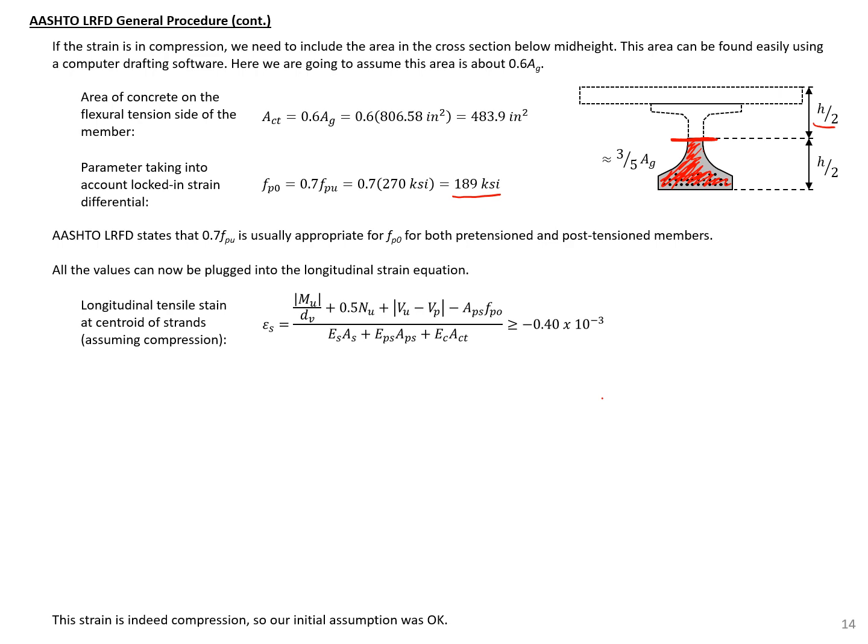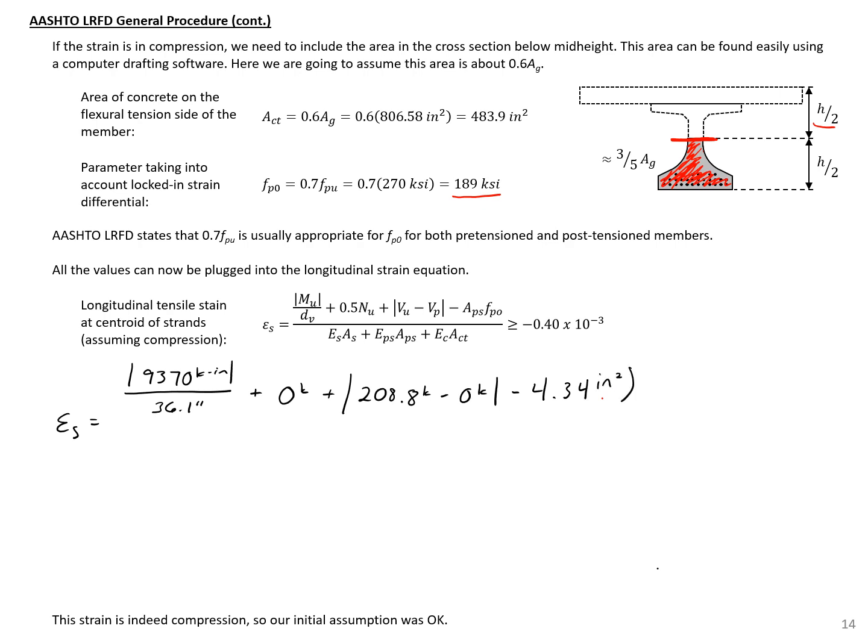We can then plug our different values into our longitudinal tensile strain equation. So our epsilon s is going to be equal to the absolute value of 9,370 kip-inches divided by 36.1 inches, plus, we don't have any axial load, so 0, plus the absolute value of Vu, 208.8 kips, minus, we don't have any vertical component to our pre-stressing, so 0 kips there, minus the area of our pre-stressing here, 4.34 square inches.